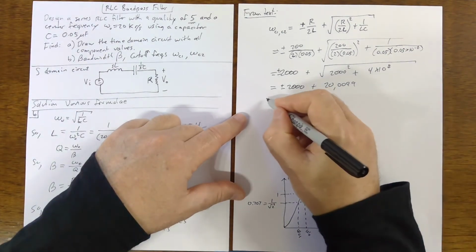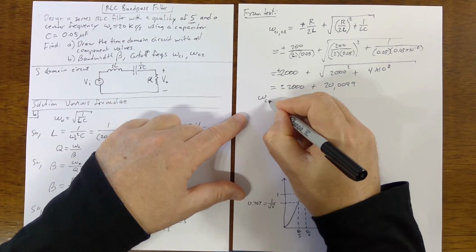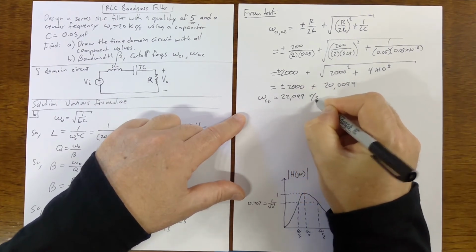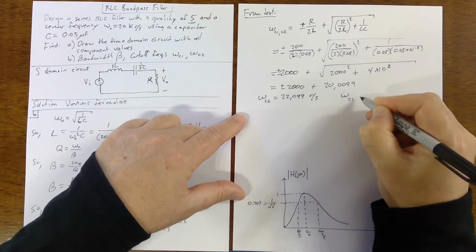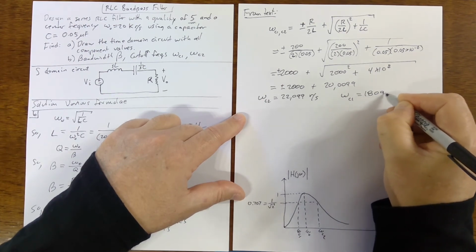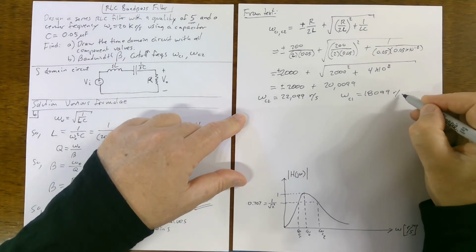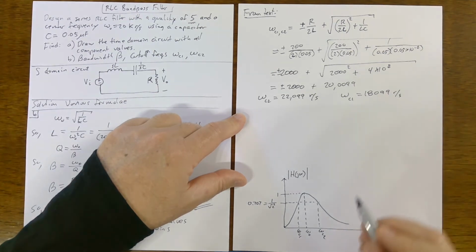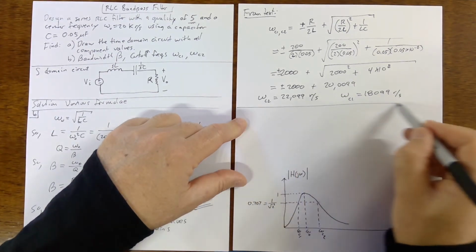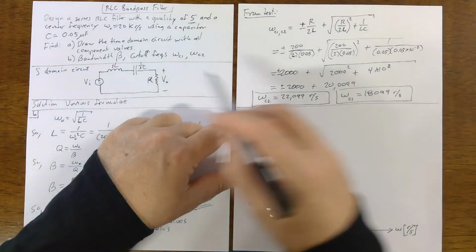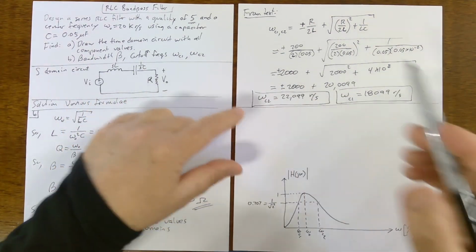Just off by a little bit. So anyway, omega cutoff 2 is 22,099 radians per second, and cutoff 1 is 18,099 radians per second. The center frequency is not in the center. Those are answers in part B. B asks for bandwidth, cutoffs, so those are them.